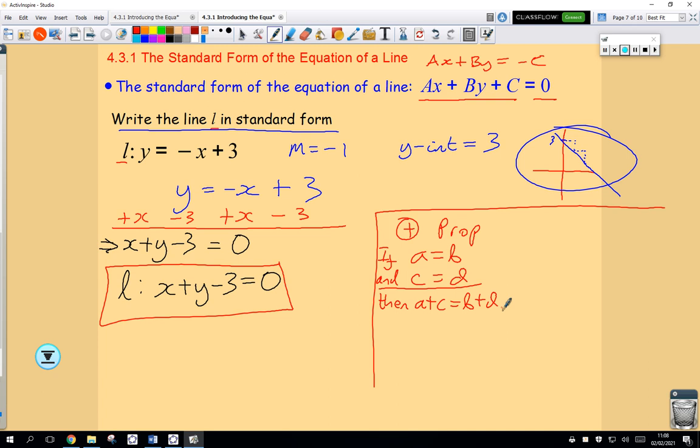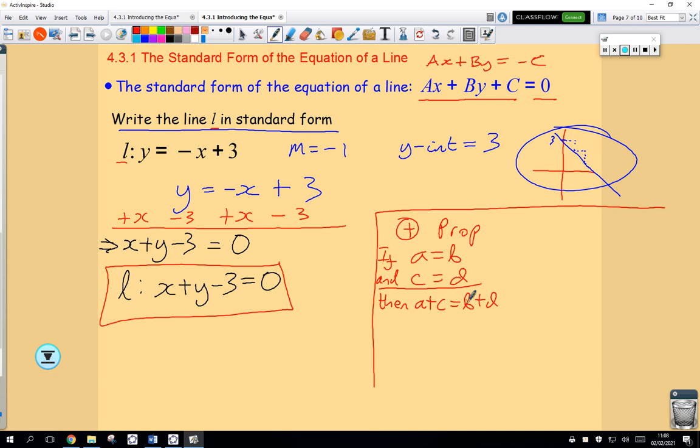Okay? And the subtraction property is almost identical, except it replaces that plus with a minus. The multiplication just replaces that plus with a multiplied. The division replaces the plus with a division. Those are 4 important properties of equations.